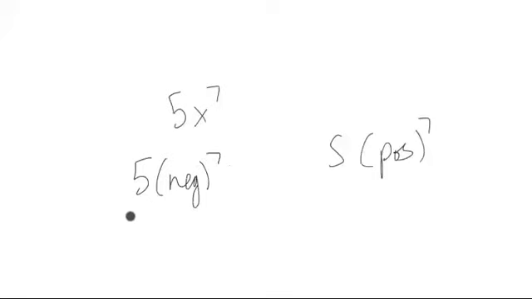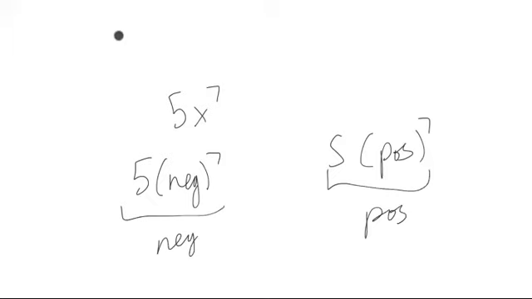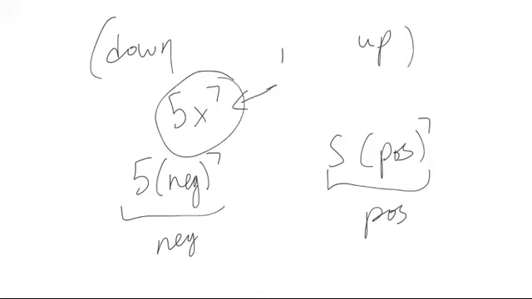That's going to result in being negative. Over here, it's all positive. So your end behavior is simply going to be down on this side for the negative and up for the positive over here. Reading from left to right, the end behavior will be down, up for a polynomial where this would be the leading term.